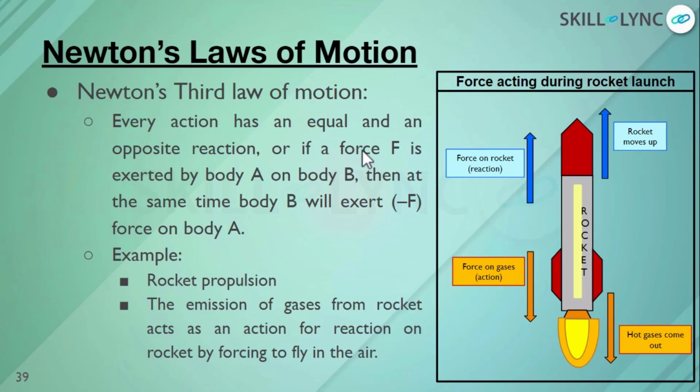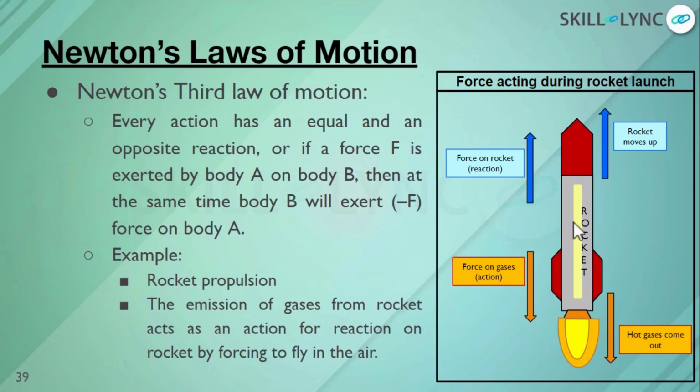The best example to understand Newton's third law of motion is rocket propulsion. As we can see in this figure, a rocket is going to propel itself, so there are a few forces acting on it. The first force that we consider here is the force on gases.